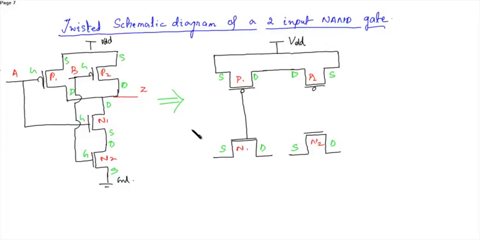or you can do one thing. Instead of connecting, it will be easier if we connect from here to here. Okay, we can make it as, let's say this is N2 and this is N1.